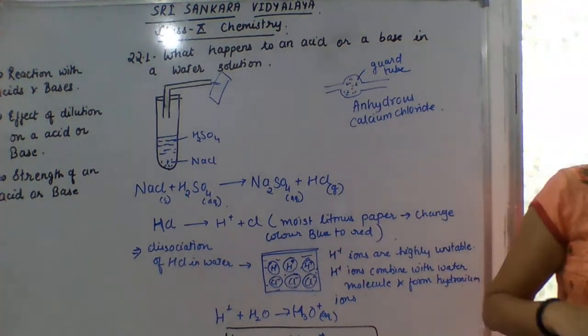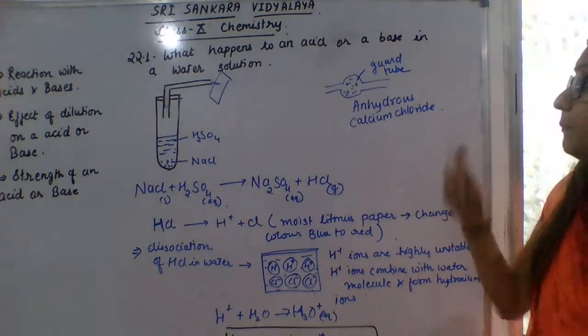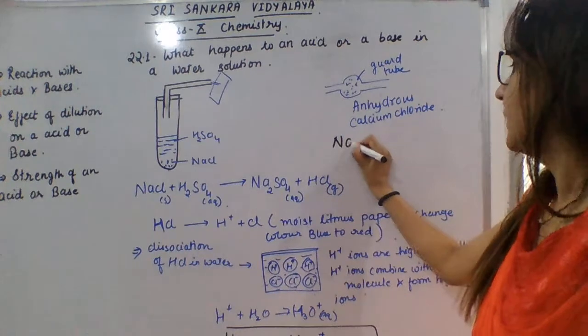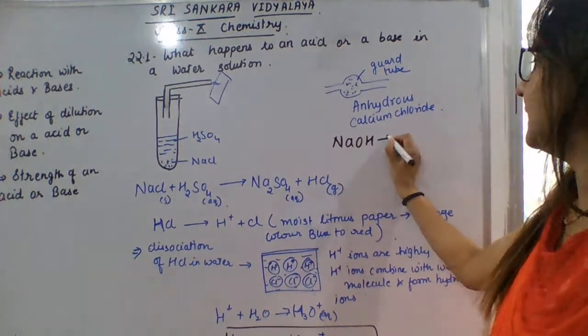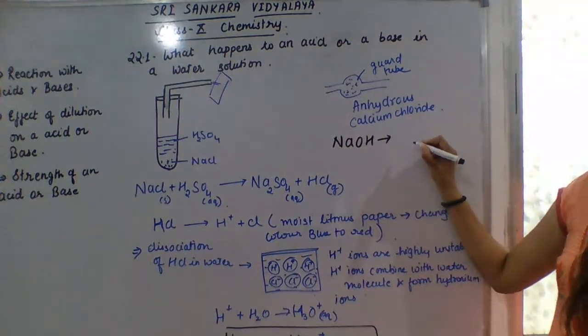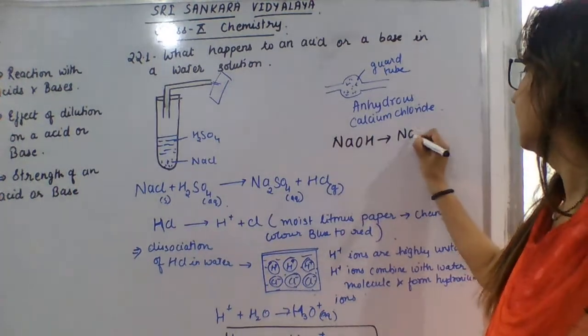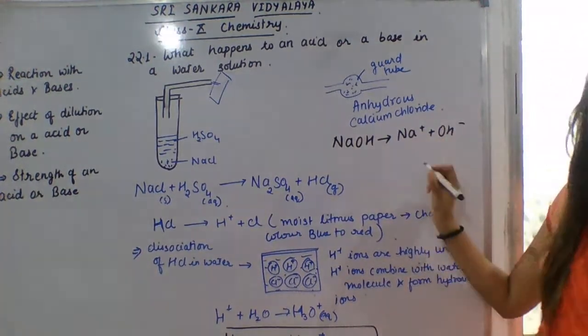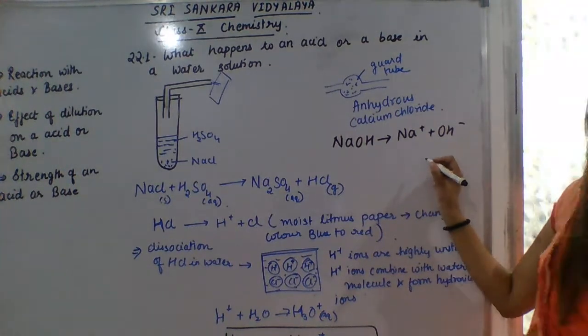Now how does the dissociation of bases take place? Suppose NaOH gets dissociated into Na plus and OH minus. Now again we will see another example.